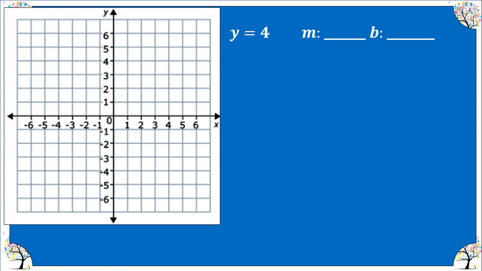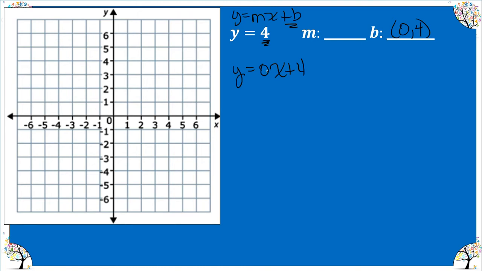Okay, on this one, this is a unique line. We don't have an x. Y equals mx plus b. We do have the y-intercept (0, 4), because that's our constant. So really what happened was that our slope was 0 times x plus 4.